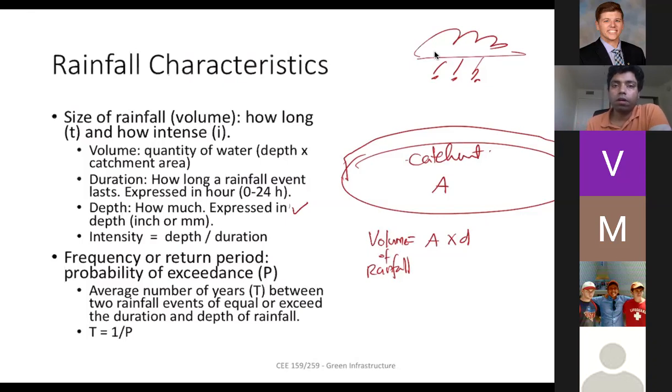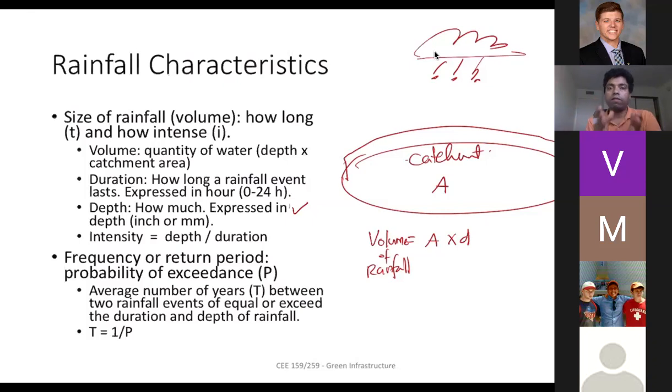Then you also talk about rainfall intensity. When I talk about rainfall intensity, now we talk about heterogeneity in terms of time, because the intensity of rainfall is not the same throughout. For instance, if it rains for 2 hours, you may receive a very small amount of rainfall initially, then it suddenly increases very high, and then it slows down with time.